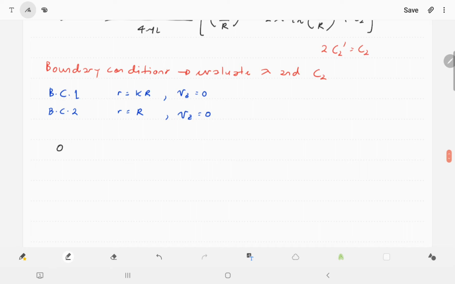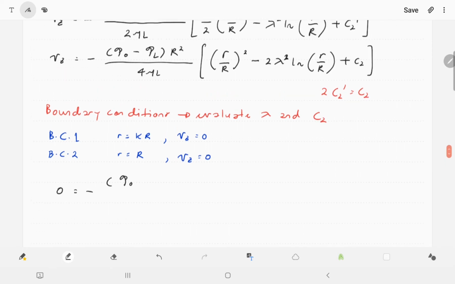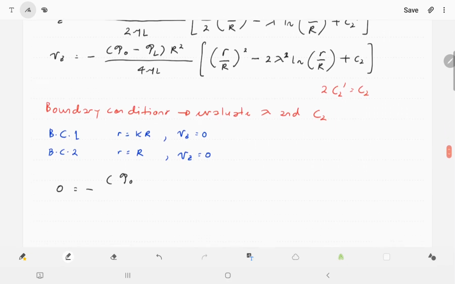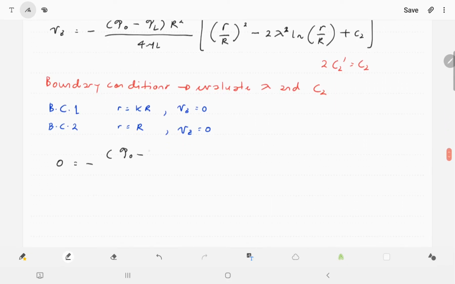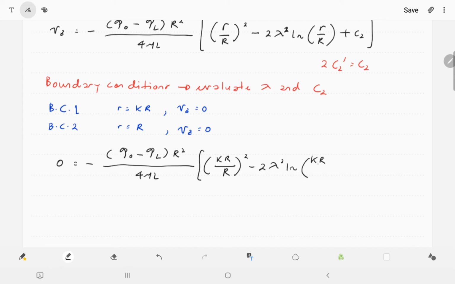Okay, so let's put the first boundary condition into these equations. Then this will become kR over R squared minus 2 lambda square ln kR per R plus C2.